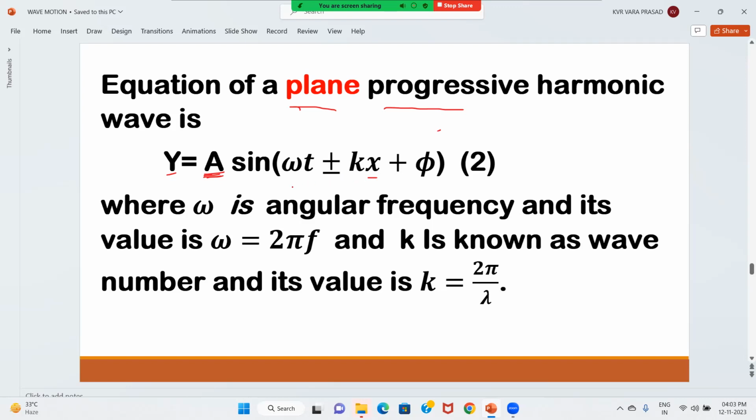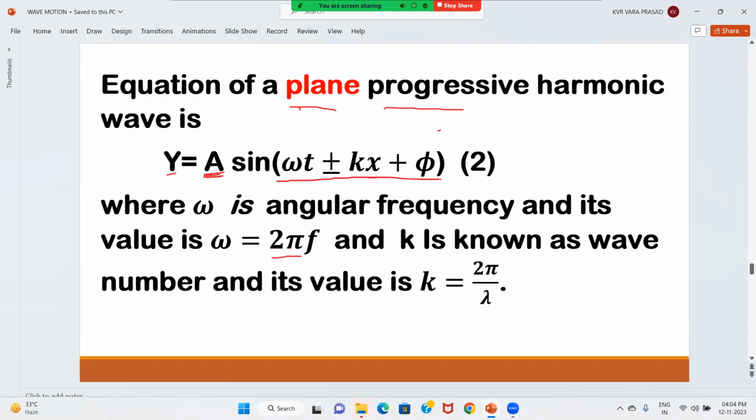Now in this, omega is the angular frequency and its value is 2πf, which we have discussed in simple harmonic motion. And k is known as the wave number, and its value is k = 2π/λ.